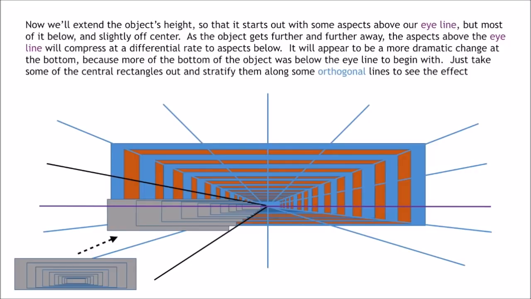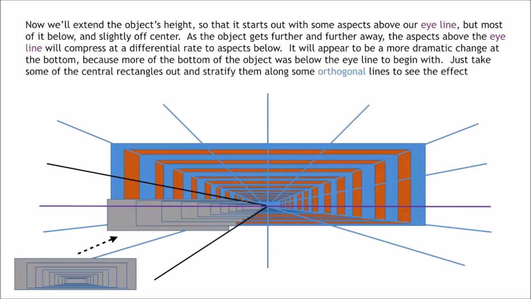It will appear to be a more dramatic change at the bottom, because more of the bottom of the object was below the eyeline to begin with. So again, just take out some rectangles, stratify them along the orthogonal lines for their rate of ascent and descent, along some of the orthogonal lines, like I said, and you will see the effect.